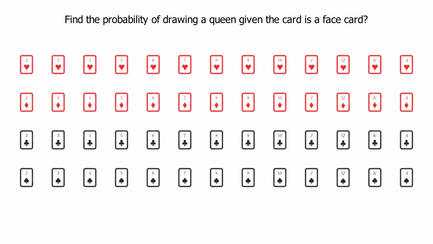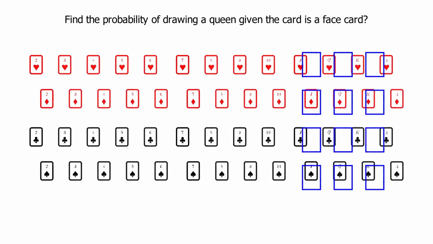Out of the 52, there's only going to be 12 face cards. As a refresher, face cards consist of a jack, queen, and king. And remember, there are 4 suits, which is clubs, spades, hearts, and diamonds. So if we have 3 face cards and 4 suits, 3 times 4 would be 12. So there's 12 face cards.